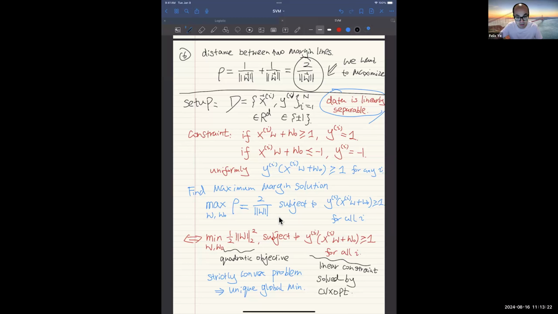But there are some other methods that we can use to solve it without quadratic programming, and it turns out this is more insightful. That's the training part.